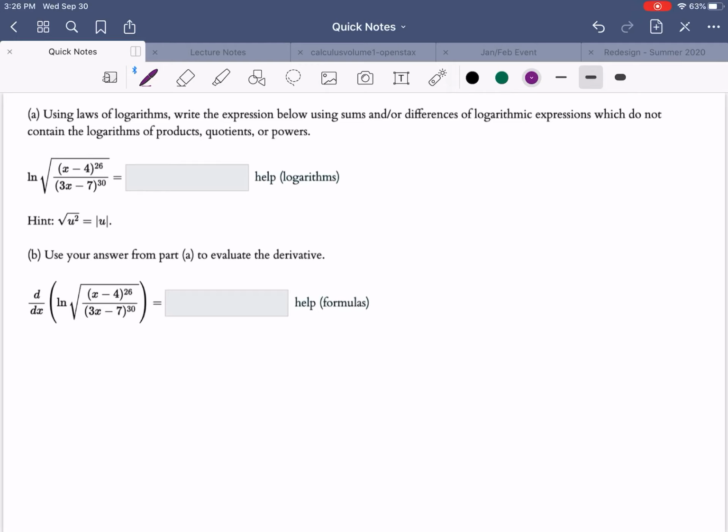Okay, so for this problem, we want to think about first combining that square root that's showing up here with these exponents. Think about it this way. We have natural log of x minus 4 to the 26th over 3x minus 7 to the 30th, and that part is being raised to the 1/2 power.